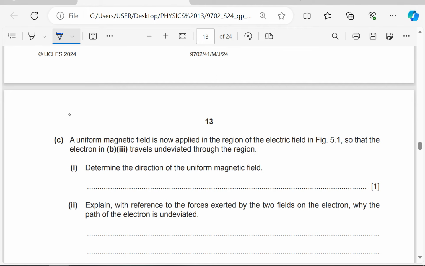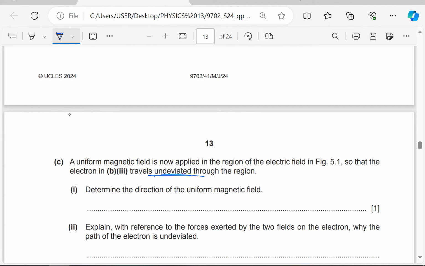A uniform magnetic field is now applied in the region of the electric field, so it's now a crossed field, so that the electron in B Roman 3 travels undeviated, so it should just continue. Determine the direction of the uniform magnetic field. Let me sketch this one here.